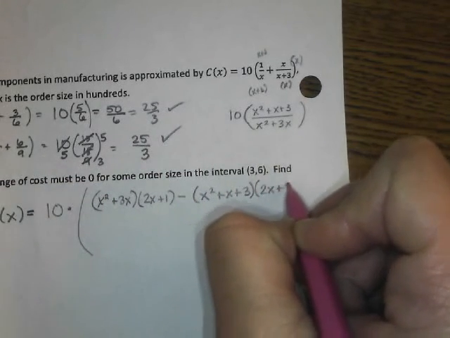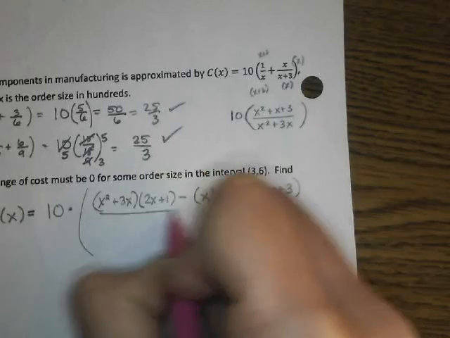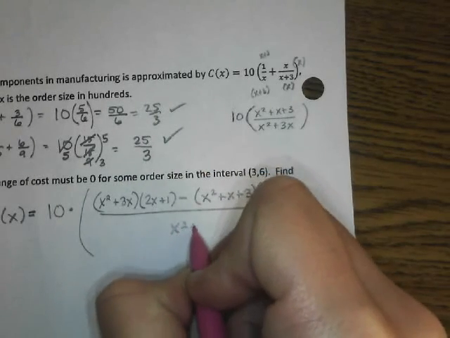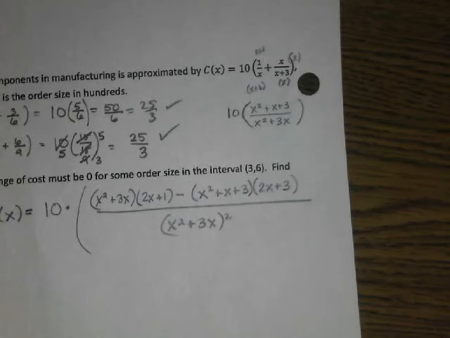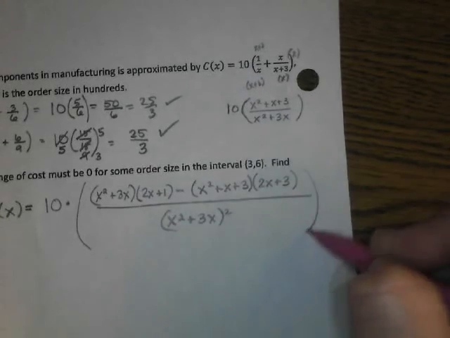Not the prettiest thing I've ever done, but we're going to work with it. I'm just distributing out. Distribute out my first binomials, minus, I'm going to distribute out these. Oof.